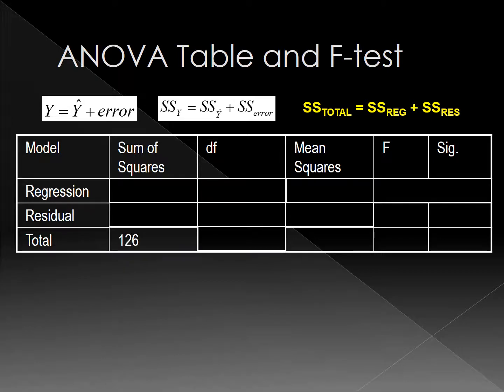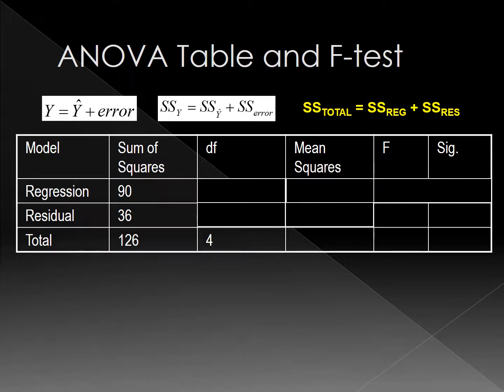SS total is SSY, which is 126. SS residual, we have it, is 36. Then SS regression, or sum of squares due to X, is 126 minus 36. It is 90.